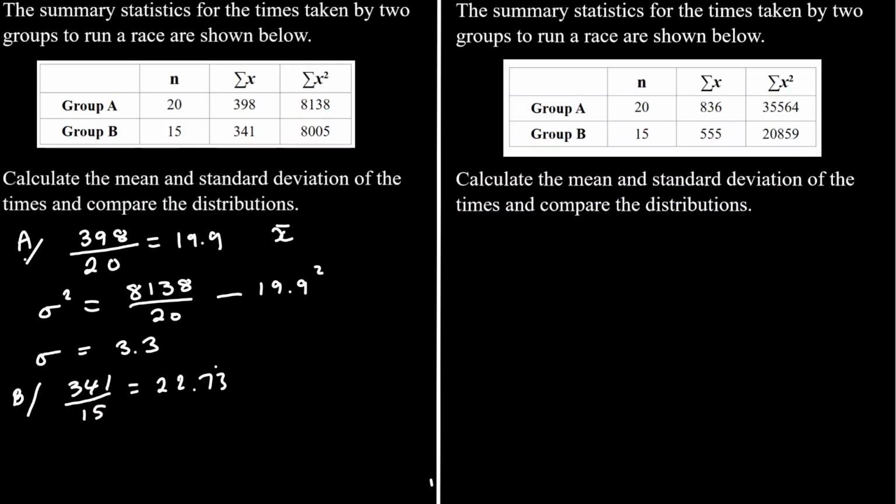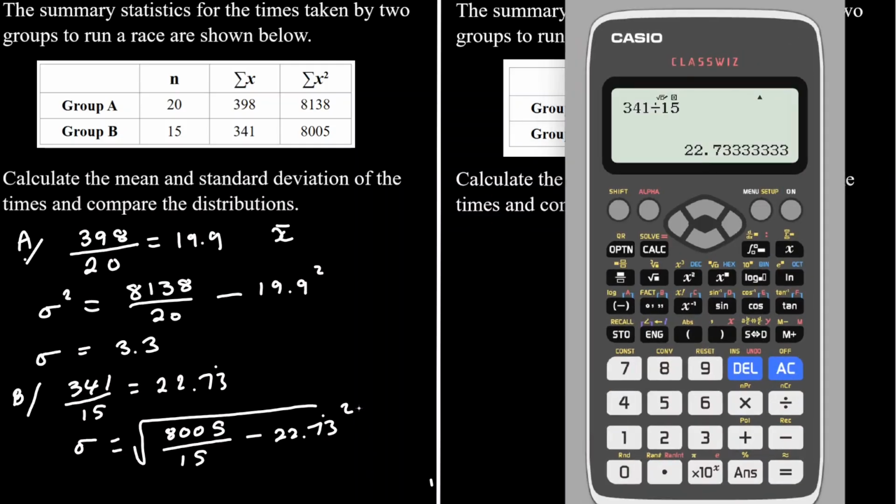And then the standard deviation is the square root of the mean of the squares minus the square of the mean, 8,005 over 15 minus our 22.73 recurring squared. And we get 4.11.